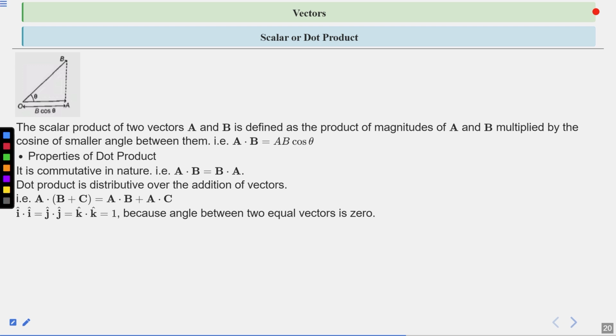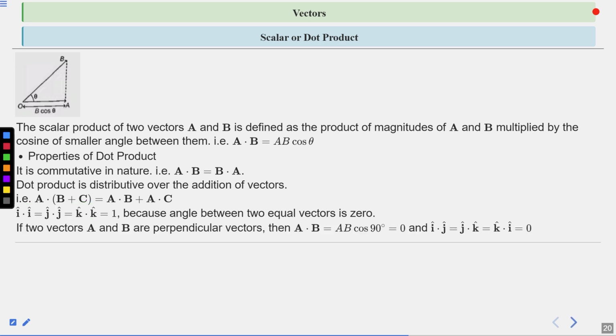So the property: I dot I is equal to J dot J equal to K dot K is equal to 1, because the angle between two equal vectors is 0. Clear? I dot I, J dot J and K dot K equal to 1. If two vectors, A vector and B vector, are perpendicular to each other, in that case A dot B is equal to AB cos 90 degree, and cos 90 is what?